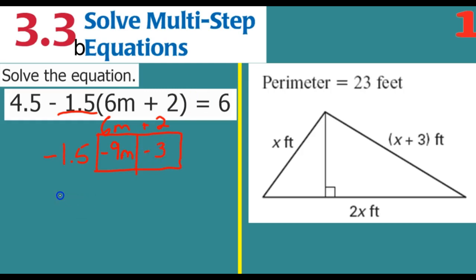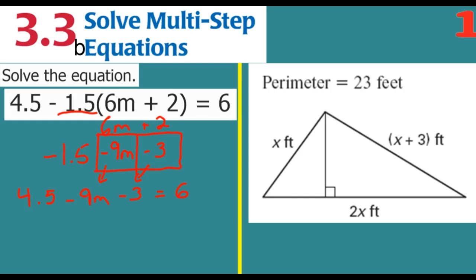So now my equation reads 4.5 minus 9m. So I'm going to take this 9m out of my box and bring it down. Then minus 3. This negative 3 is coming down as well. Equals 6.